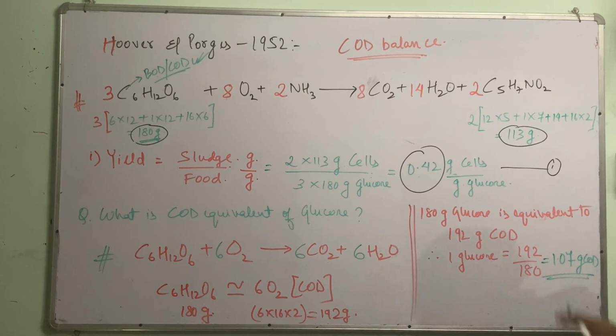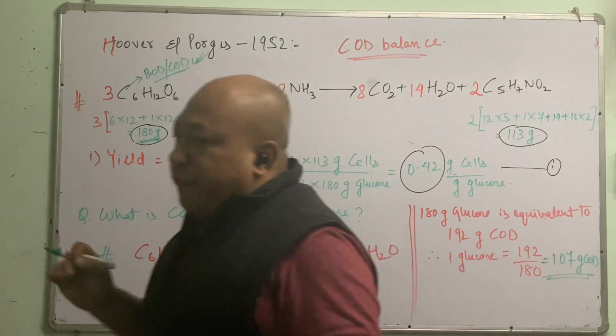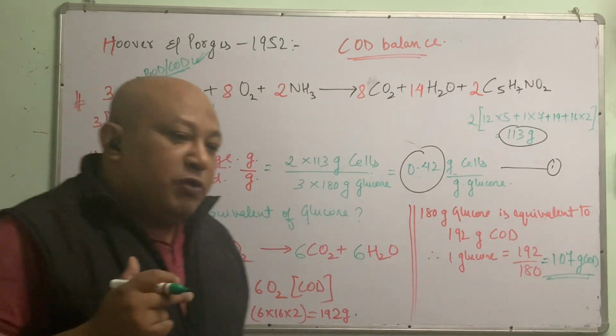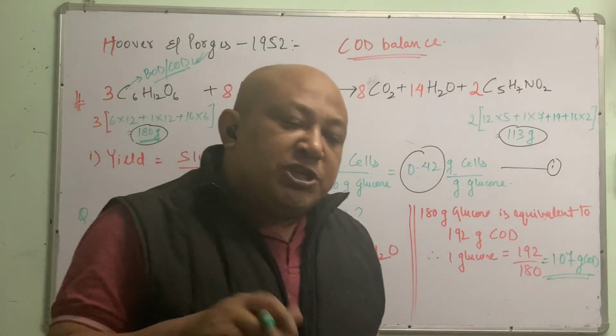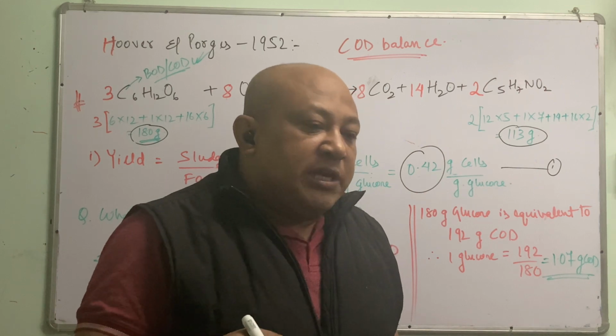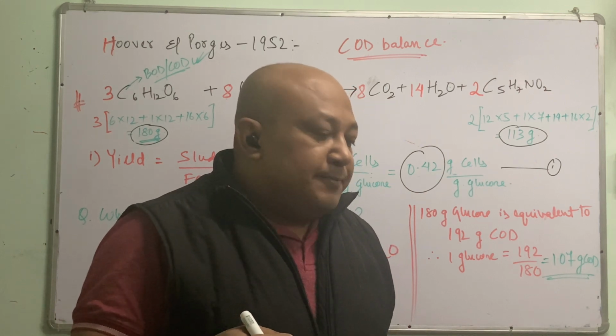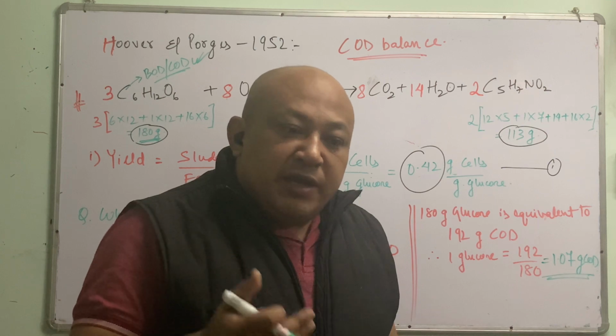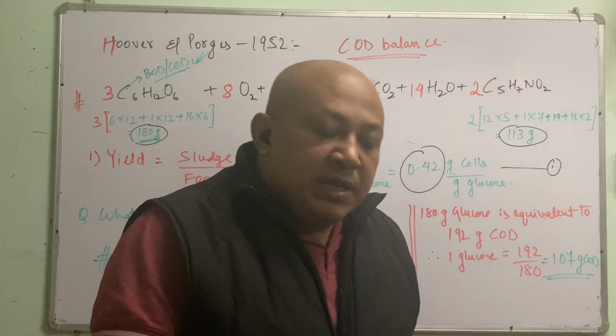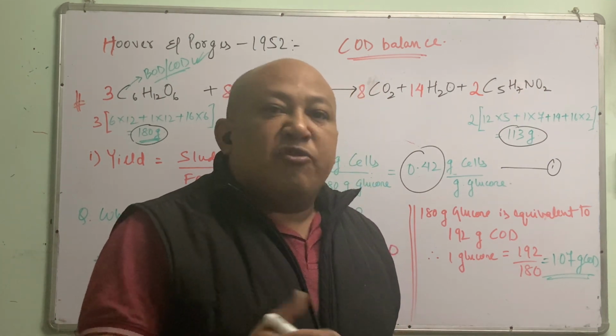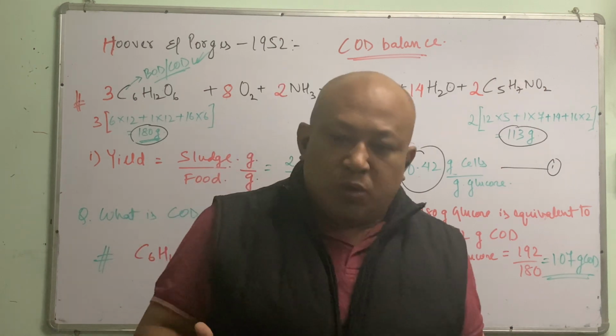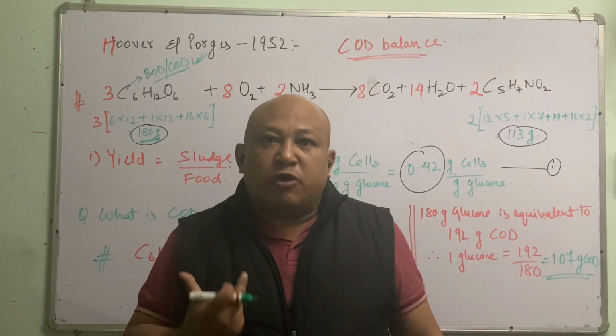So now, please copy the lower part. Let me explain again. For any type of food, for example, if you want to get energy, either you will eat chicken or you will eat rice. The energy given by rice and the energy given by the chicken or the red meat may be different. So that energy equivalent, we call it COD.